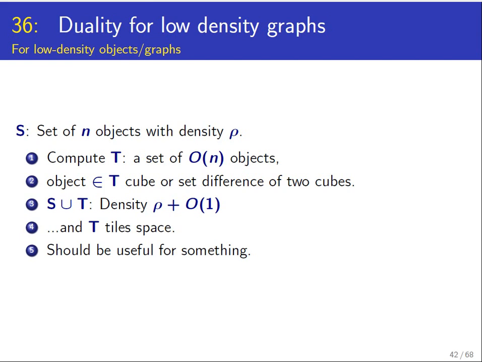And if I add the regions that correspond to the leaves of this quadtree to the collection of objects, I end up with a set of low density objects that have slightly larger density, but now I have a behavior that looks very much like duality, right? There is a way to travel between original vertices in the graph using the underlying geometric space. So that property should be useful for something, but I don't know of any application for it. It would be nice to use it effectively for something.